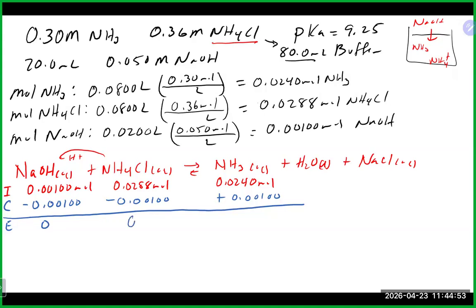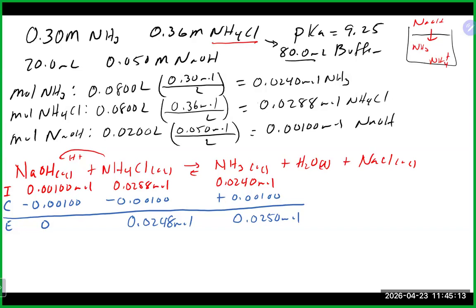We're going to end up with 0.0248 moles of our ammonium chloride. And remember, on the right-hand side here, it is adding, not subtracting, which again is a common error people make, 0.025 moles. Any questions on the ice table here?